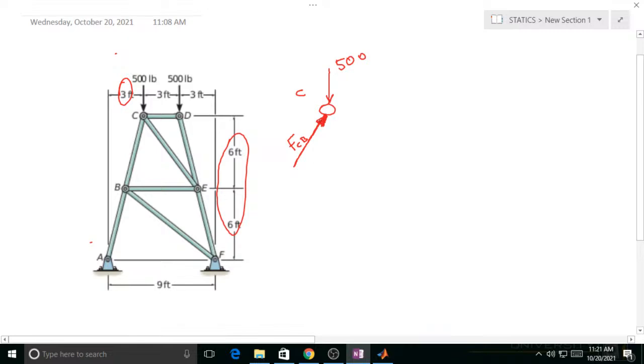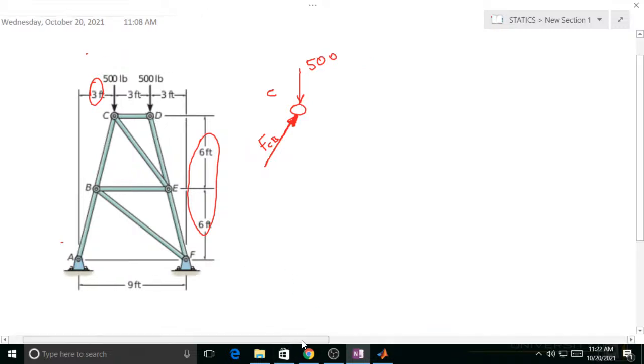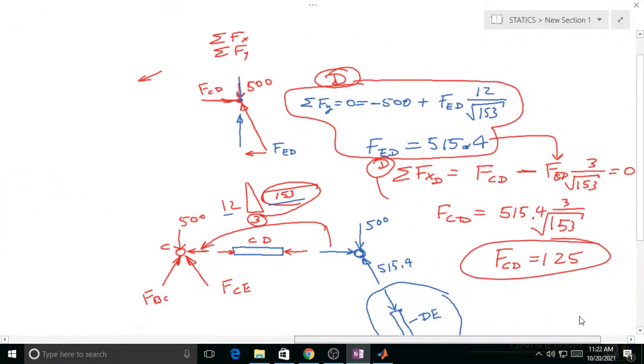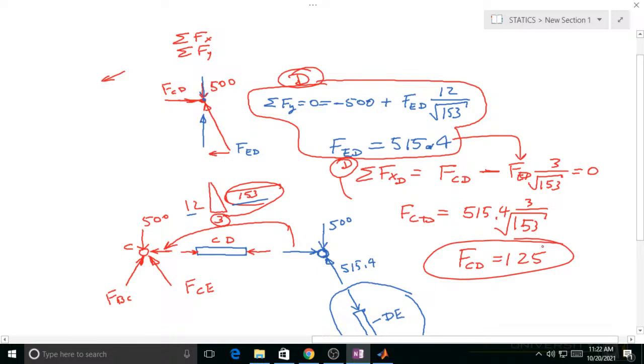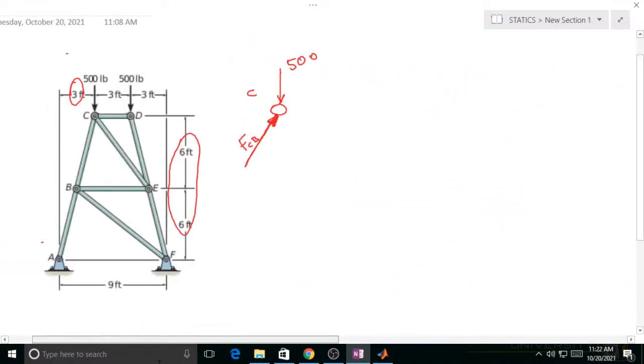I'm not sure about these, but I do know that the other member was in compression because I got a positive here, which means that I assumed it in the right direction. So it means it's a compressive load. So I flip that over onto the node on the other end, meaning I get 125 right there.